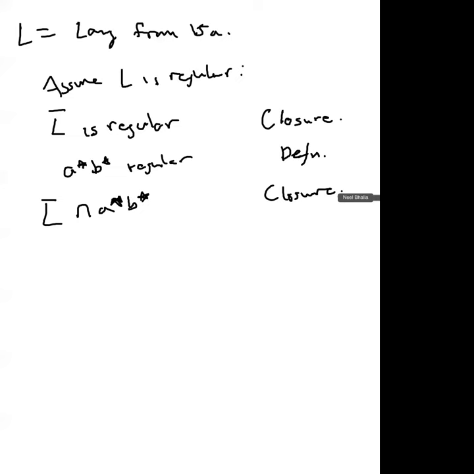And that intersection is the language a to the m, b to the n for m not equal to n, so that would be regular. But we just showed that 15A is not regular.